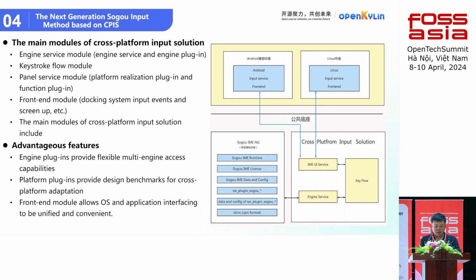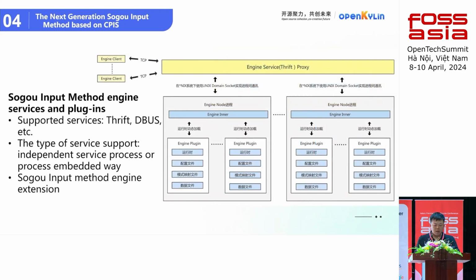Our focus is to provide flexibility through engine plugins and to ensure that Sogou input methods easily adapt to any platform. This makes typing more convenient, no matter where you are or what device you are using. Sogou input method engine service currently supports Swift, debug, and another service, and can be customized and extended.